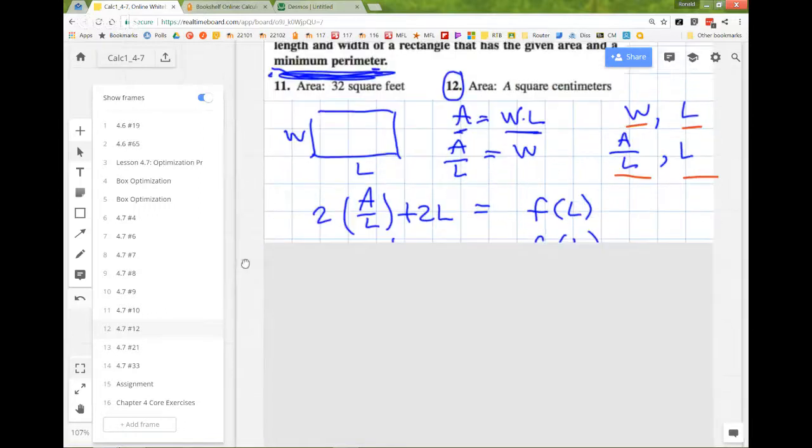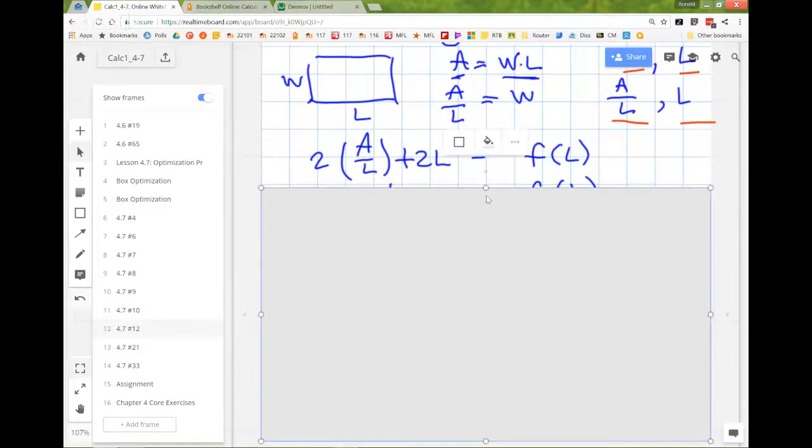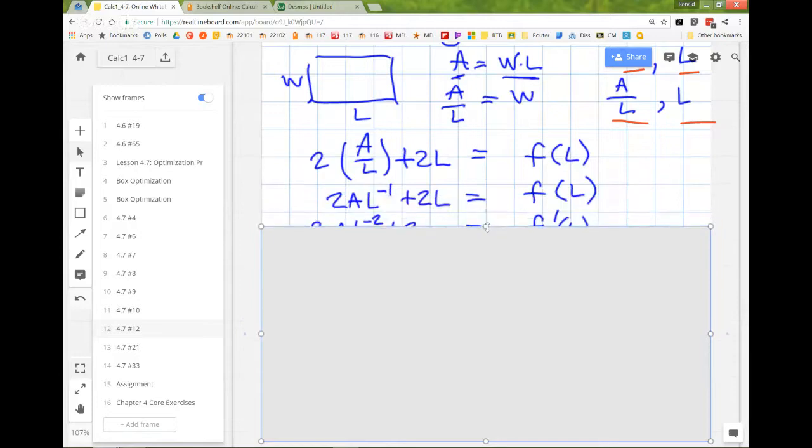So once again, we will find the derivative. I rewrote 2A over L as 2A L to the negative 1. Again, A is a constant, so we have to treat it as a constant. Now let's take the derivative.